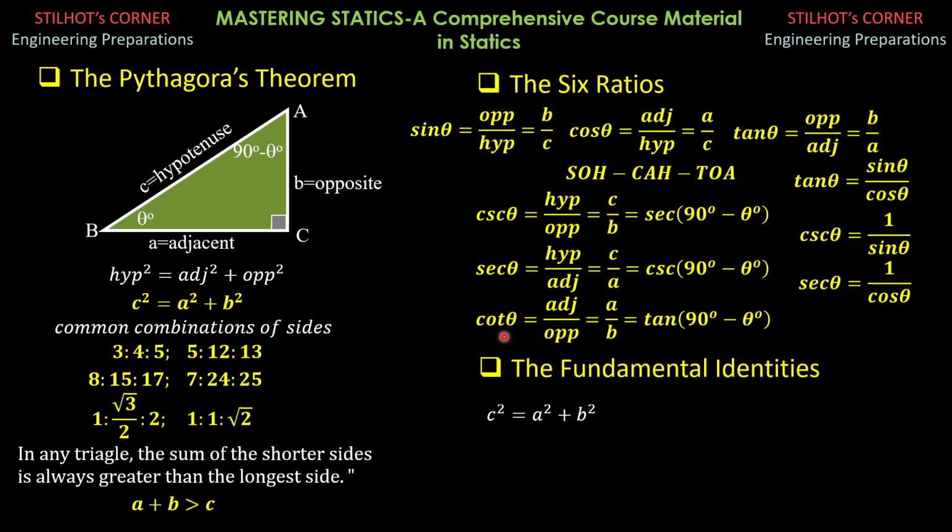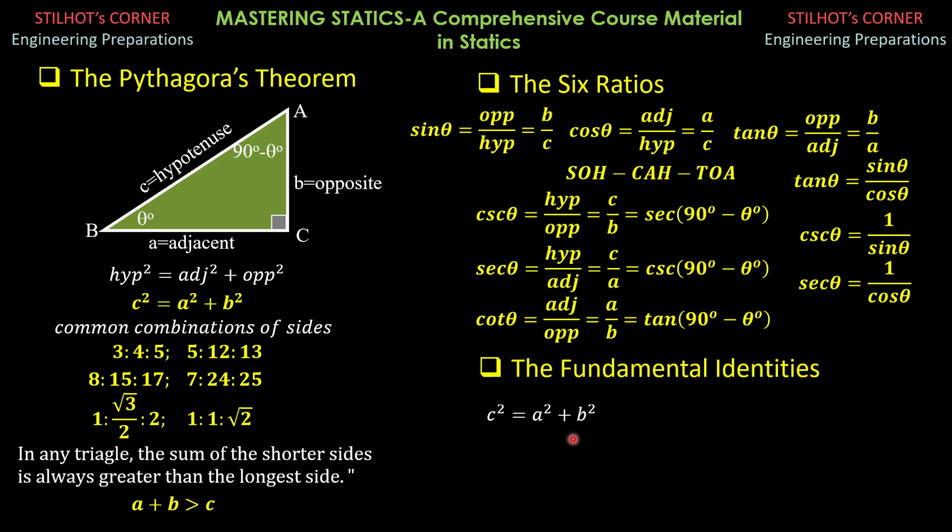So tangent theta is 1 over cotangent theta. It should appear here. It's not chronologically assigned. So from the Pythagoras theorem, let's now have the three fundamental identities.